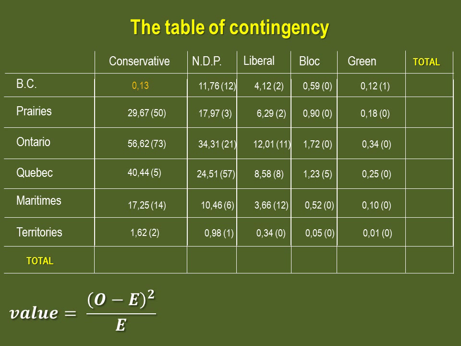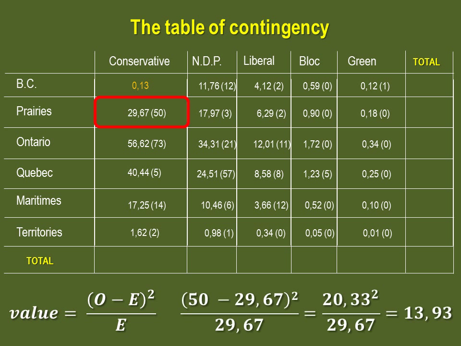Now the value for the second cell would actually be 13.93. Remember that we are checking how different these values observed and expected are from each other. So it makes sense that you get bigger output values for original observed and expected values that are wider apart.